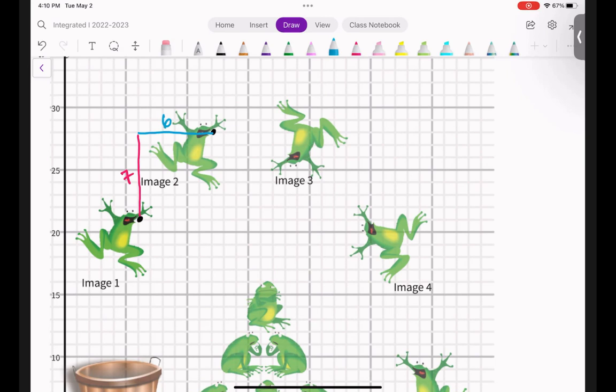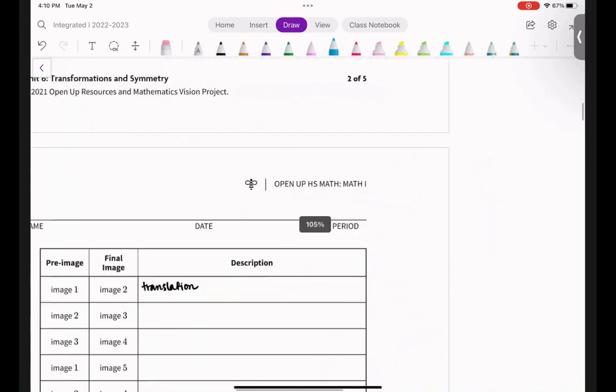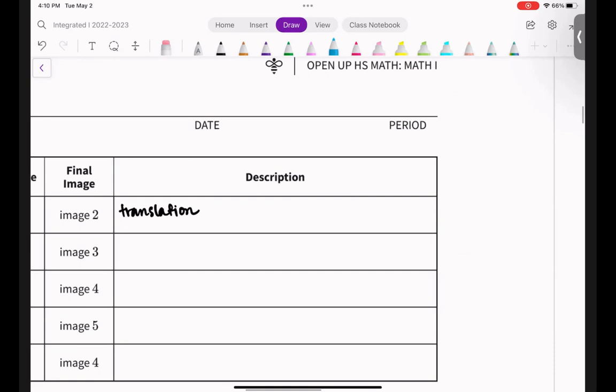Okay. So then I would just say translation up 7 units, and then right 6, was it 6 units? Yeah, 6 units. Shorthand of this would look like this.